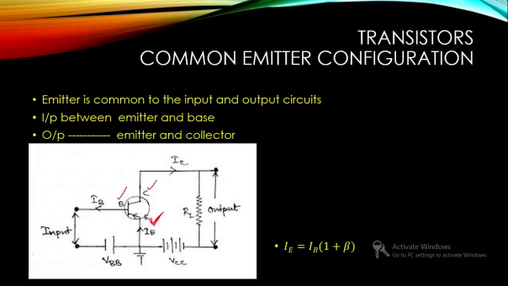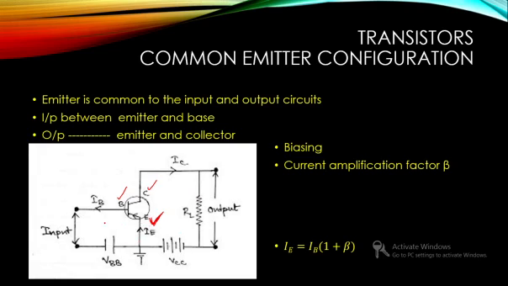So the common terminal is emitter, and hence such a configuration is called common emitter configuration. So let us see what is the biasing given. Here you can see the input must always be forward biased and output must be reverse biased.